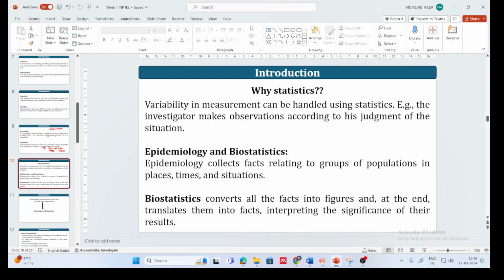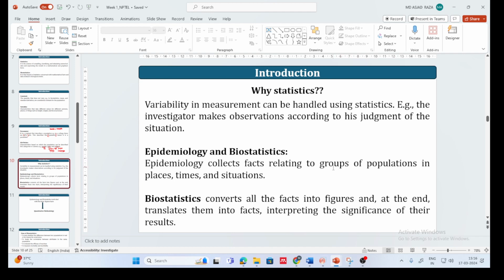Okay, so statistics can be used in epidemiology and biostatistics, which effectively collect the facts related to a group of population in places, time, and situation. Biostatistics converts all the facts into figures, and at the end translates them back into facts, interpreting the significance of the result.